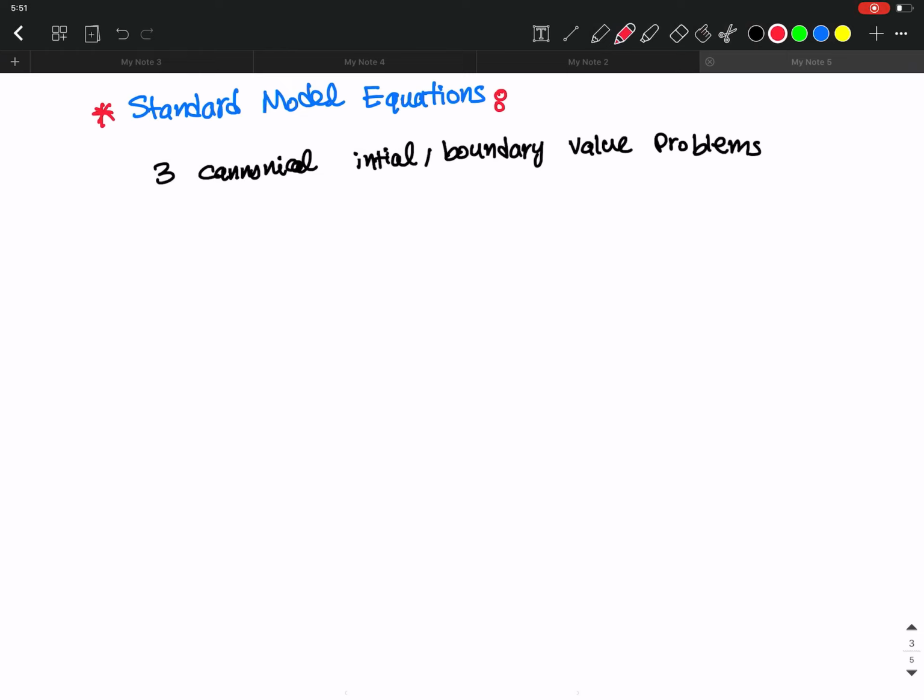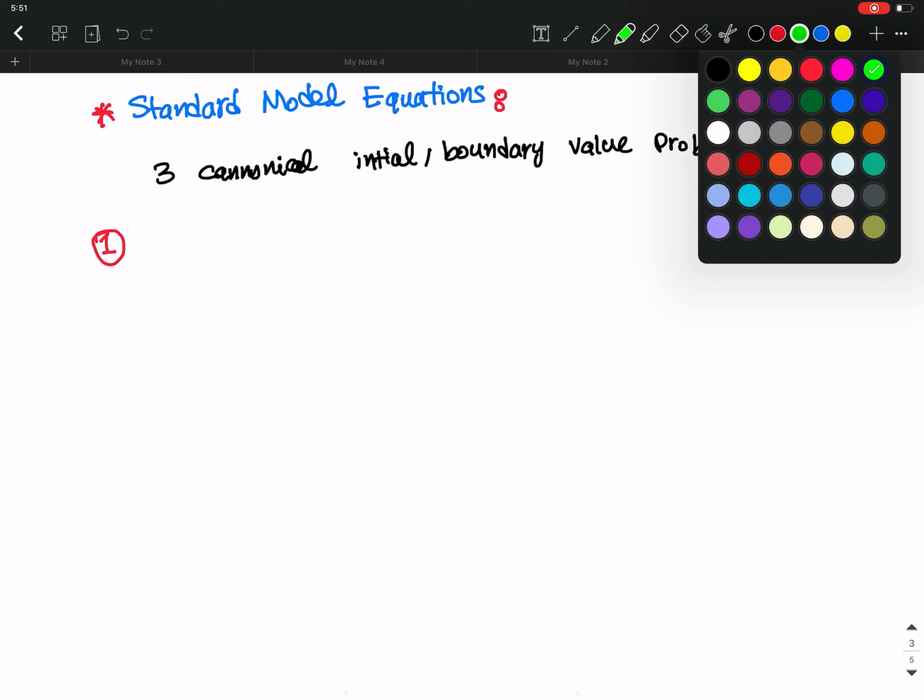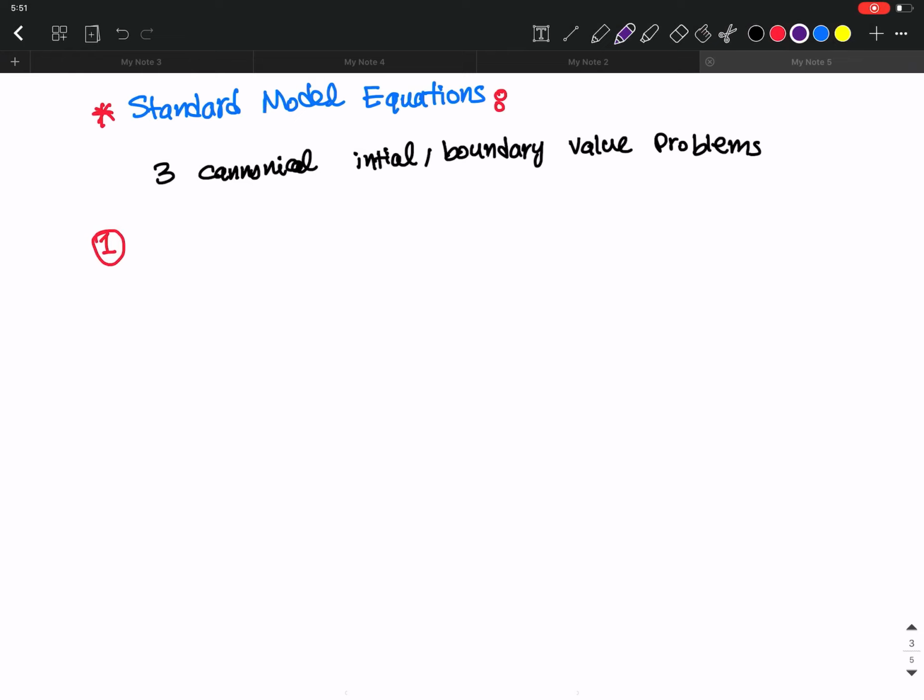The first one is the second order wave equation.